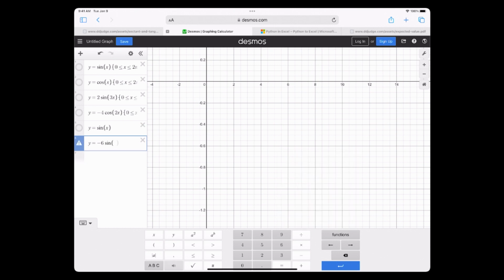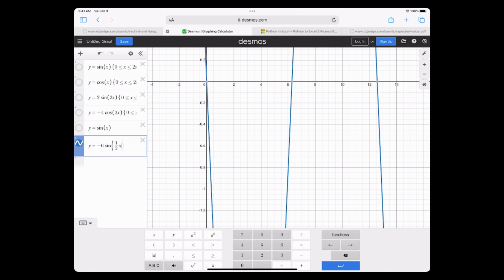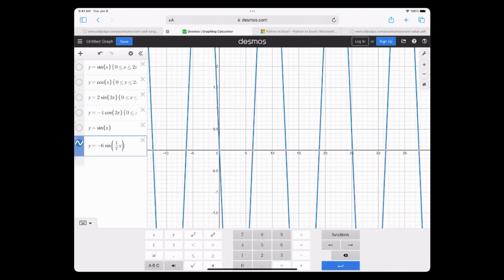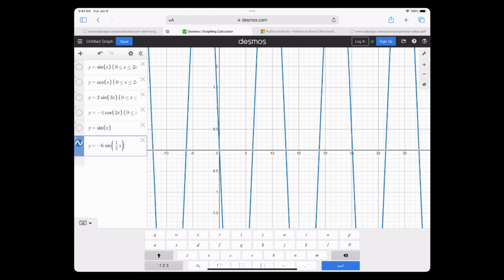sine one half x. And I guess I have to do this 0 to... What was the interval of one cycle? Was it 4 pi?